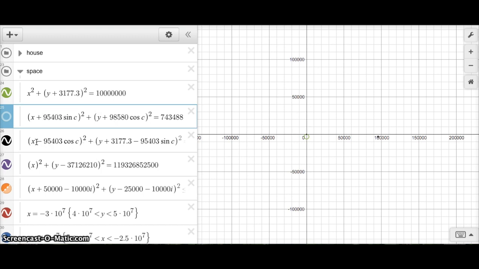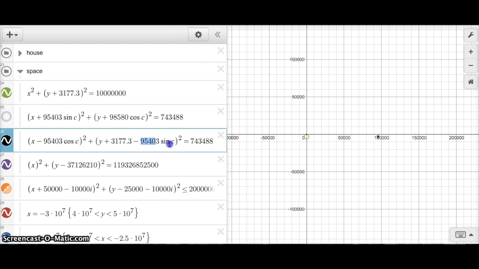This is now centered around the center of the Earth, which is 0, negative 3,177.3, which is taken from here, 0, negative 1,300, negative 3,177.3. And this is similar to what was done before, but I'll explain why that works now.